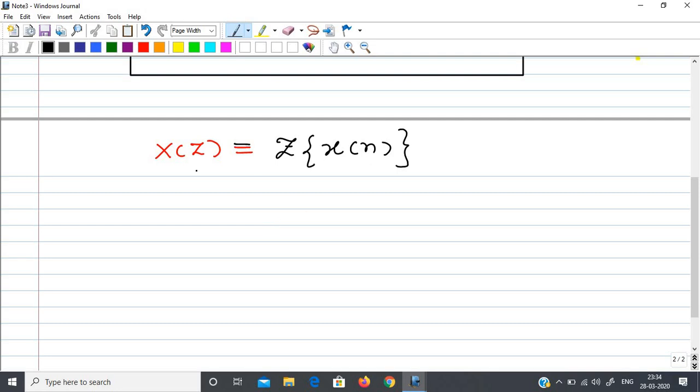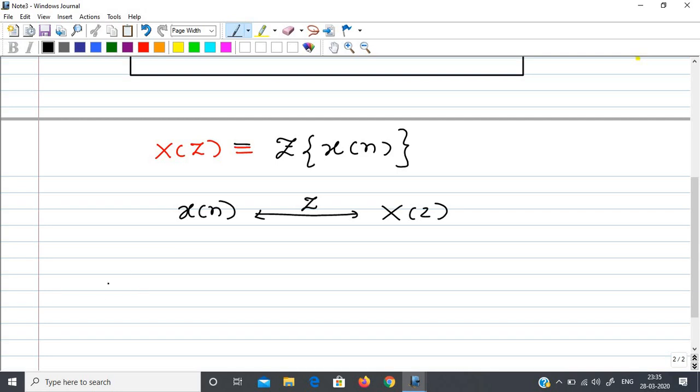It is to be noted that x of n is called the inverse Z transform of X of z. One can use the notation: x of n is the inverse Z transform of X of z, or one can also say X of z is the Z transform of x of n.